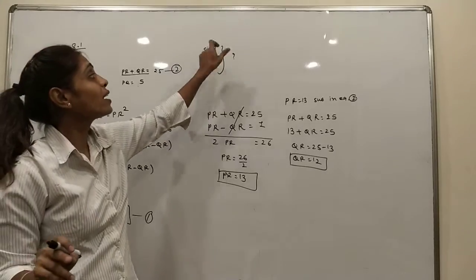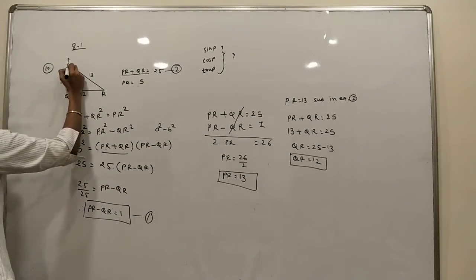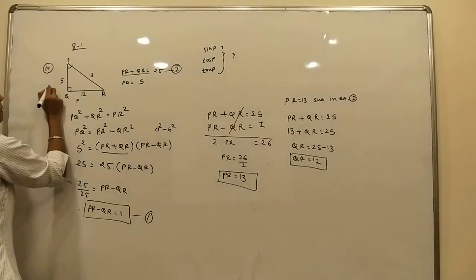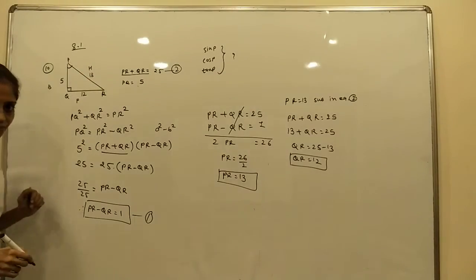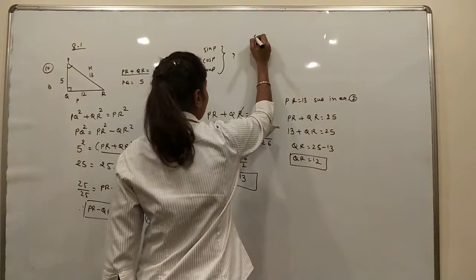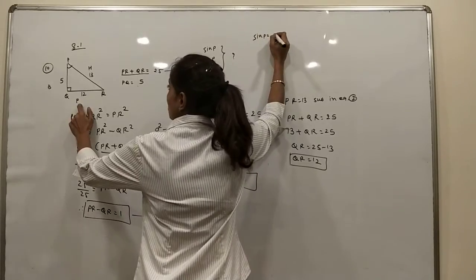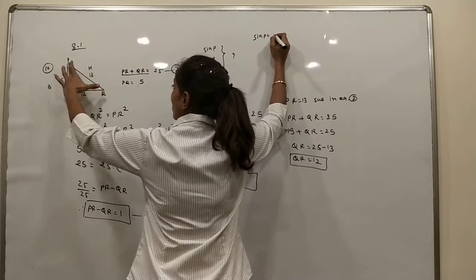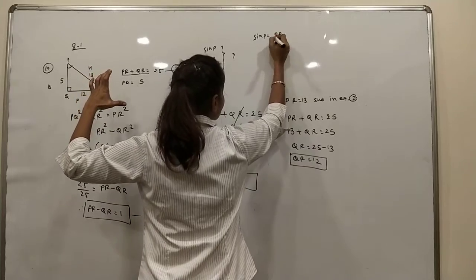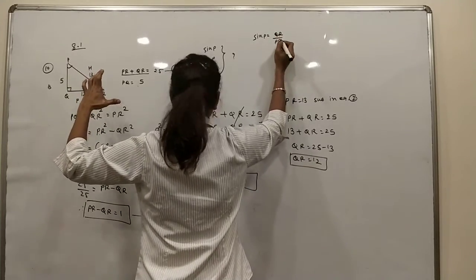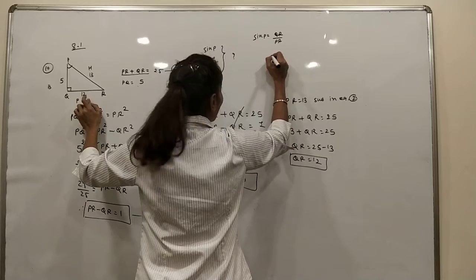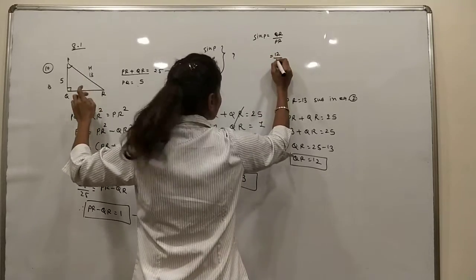Now the angle is P. I have to focus on P, B and H. Right? Now sin P is P by H, that is QR upon PR. QR is 12 and PR is 13.